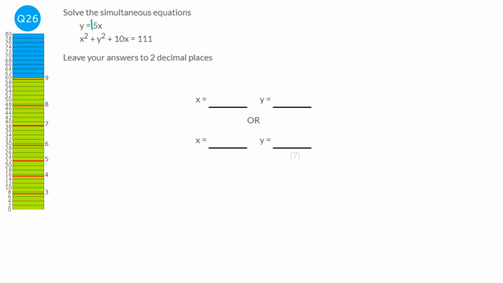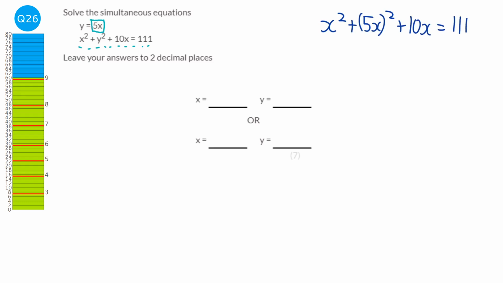This first thing says that instead of y we can write 5x. So we're going to write out the second equation, but instead of y we're going to write 5x. So we've got x squared plus, and instead of y we're going to write 5x, and we're going to put it in brackets because we're going to square it, plus 10x equals 111.